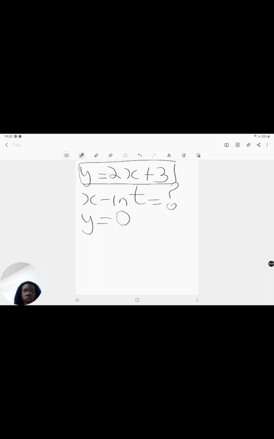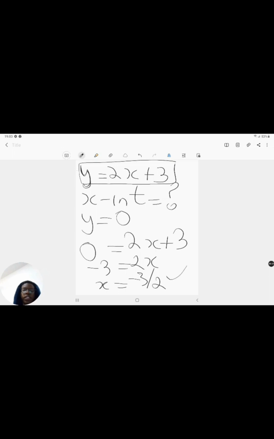So instead of putting in a y there, you're going to say 0 is equal to 2x plus 3, and then you're going to solve, right? I'm not going to go into detail with solving. The 3 goes to the other side, and then you've got 2x. So therefore, your x is equal to minus 3 over 2.